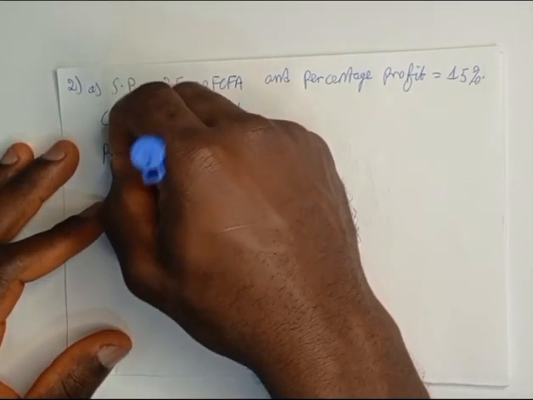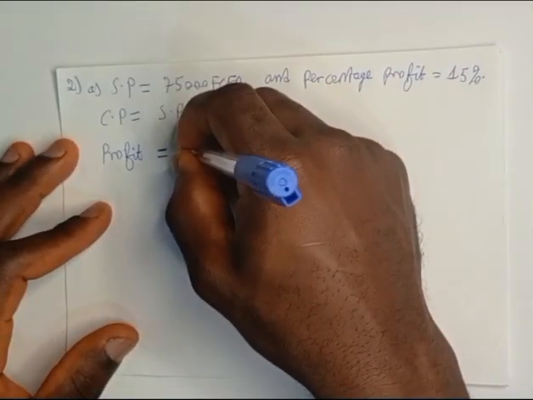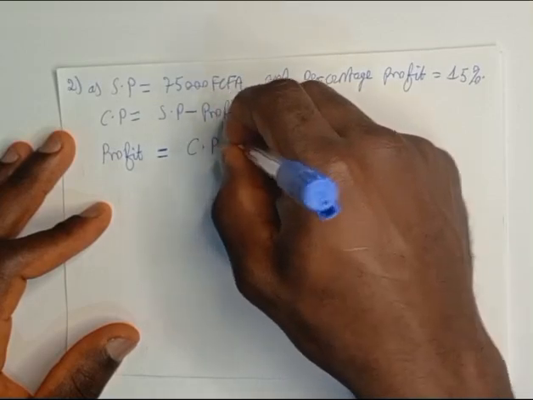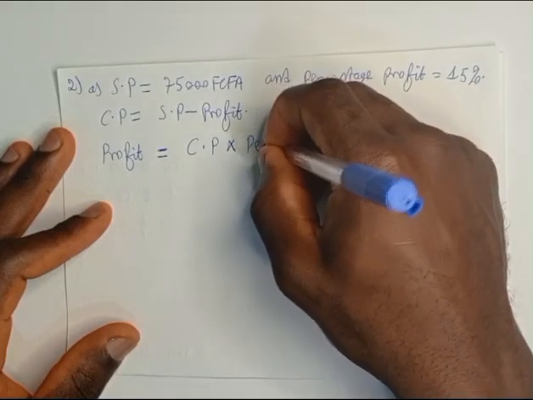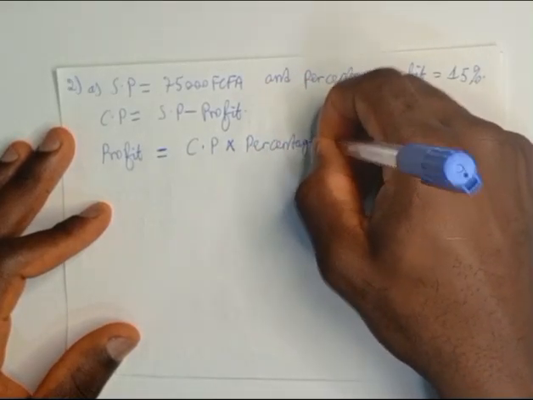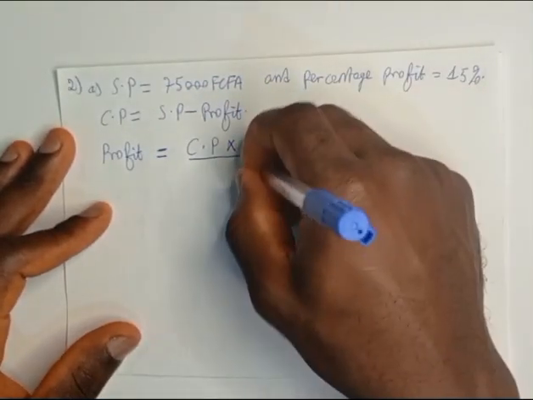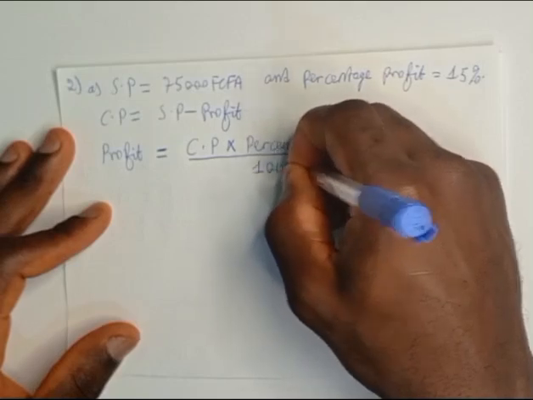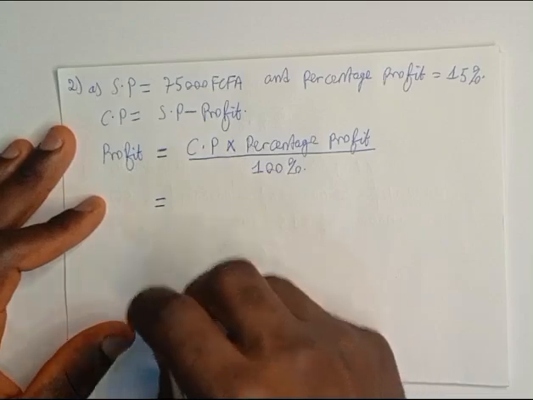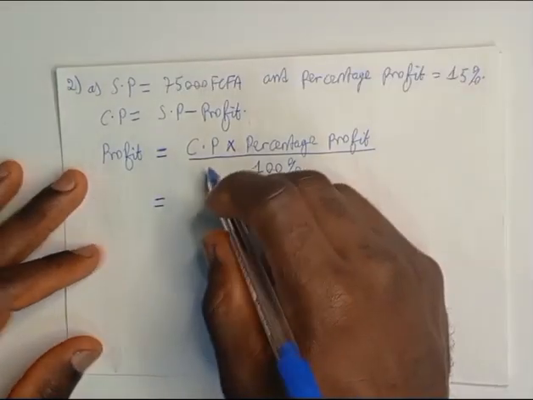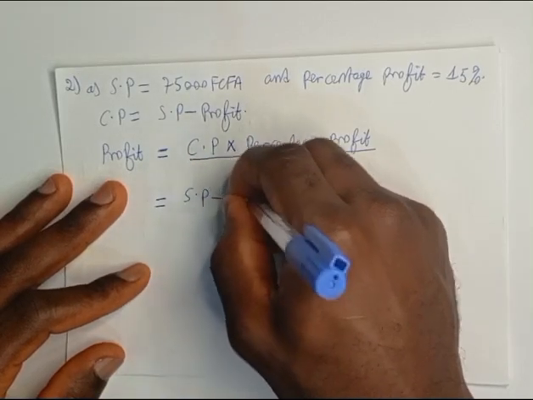Profit is simply equal to, we are going to take the cost price times the percentage profit. We divide all this by 100%. This will simply be equal to the cost price. We are going to replace the cost price with selling price minus profit.